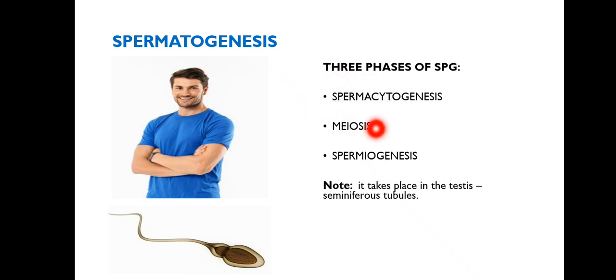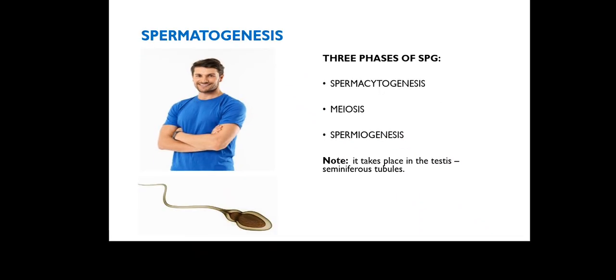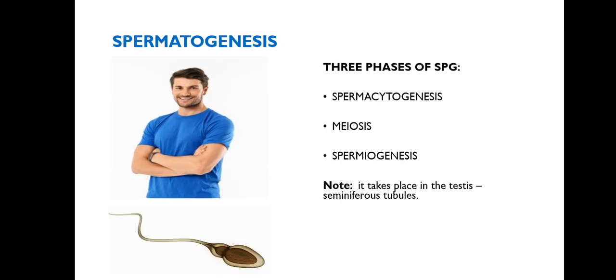Then meiosis, the very meiosis that I talked about, dividing the number of chromosomes from 46 to 23. Then spermiogenesis is a process in which this newly formed sperm matures. We're going to look at that. Note that this process of spermatogenesis takes place where?